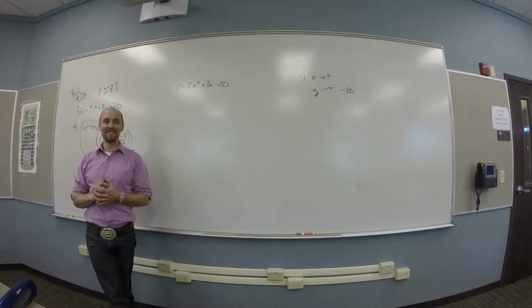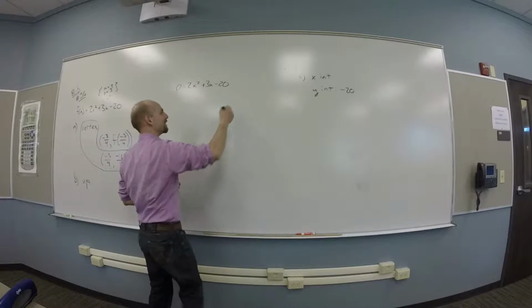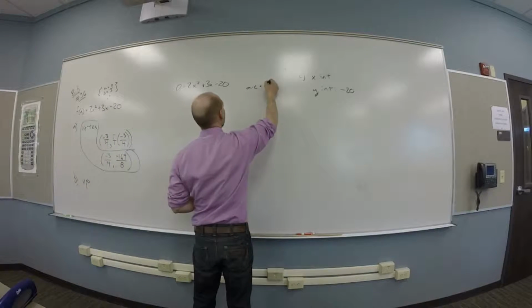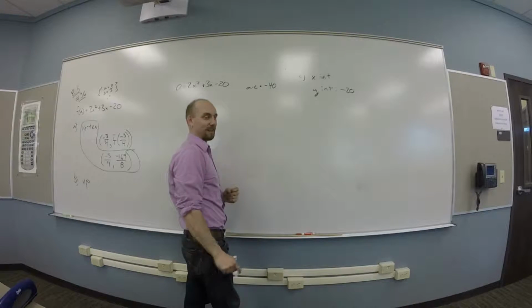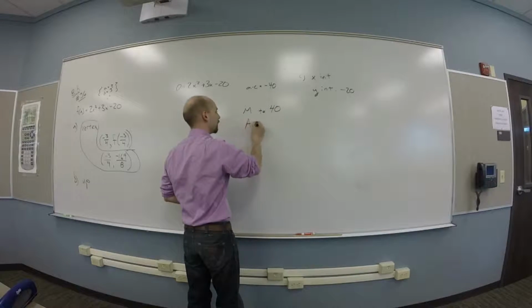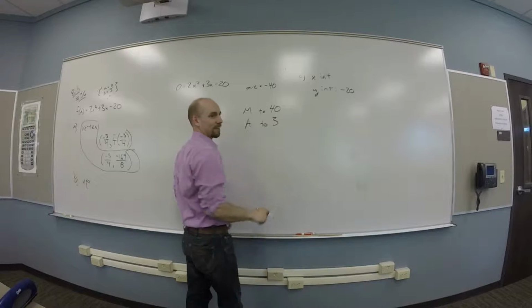You guys remember the AC factoring method? So what's A times C? Negative 40. So I'm looking for two numbers that multiply to negative 40 and add to 3.